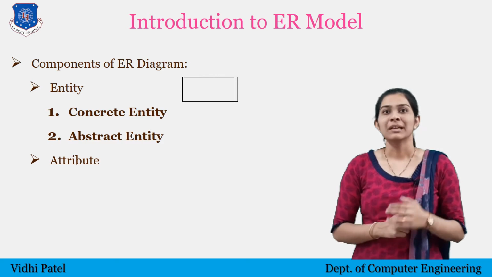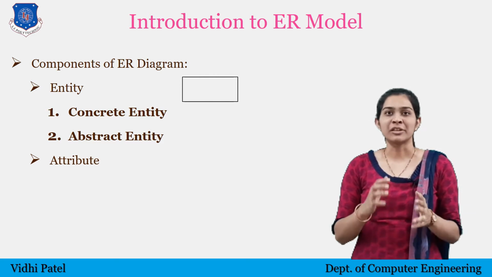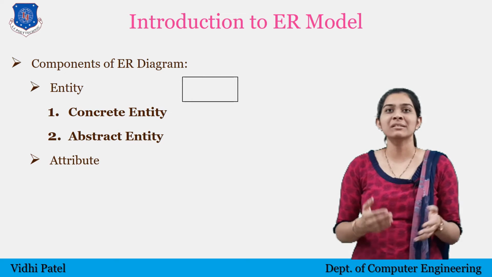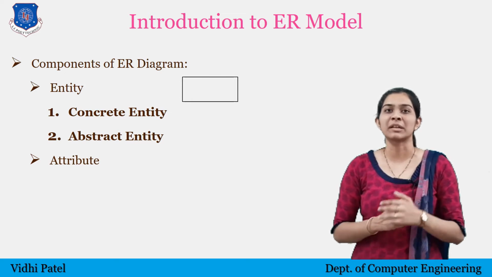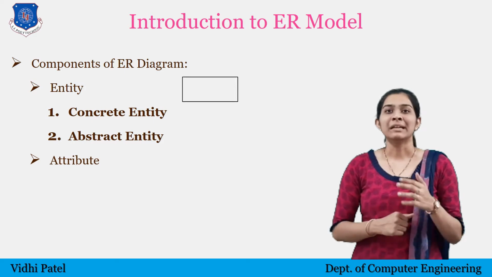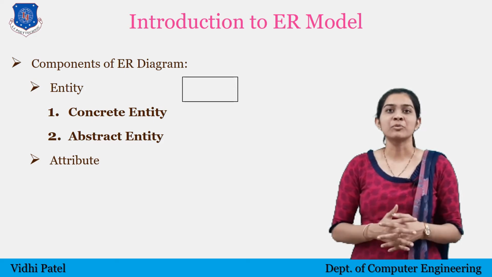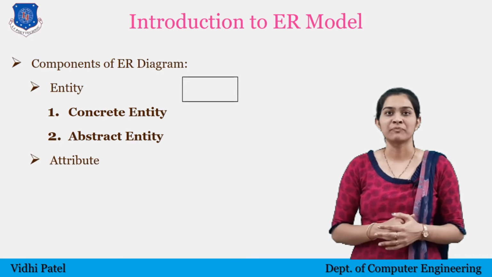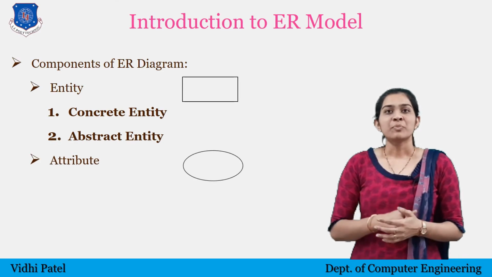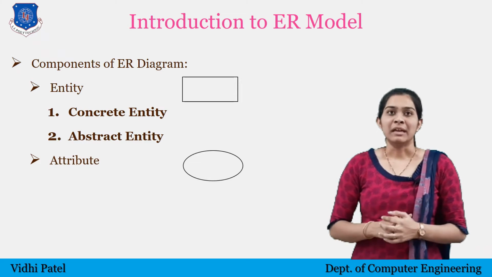For example, an entity set customer has attributes like customer ID, name, address and contact number denoted by CID, CNAME, address, contact number respectively. Similarly, an entity set account has attributes like account number and balance denoted by ANO and balance respectively. It is represented by oval in the ER diagram.